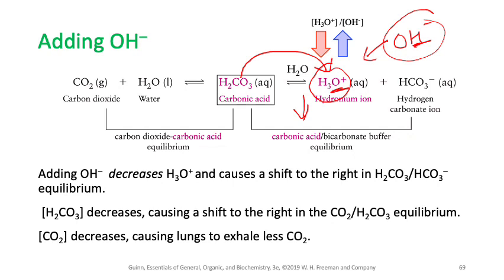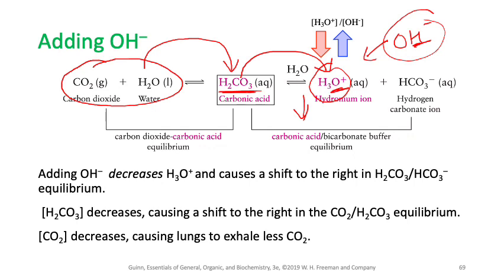Once the reaction moves to the right hand side, the other reaction, carbon dioxide and water to carbonic acid, is also going to move to the right hand side, because most of the carbonic acid is converting into hydronium ion. Then for the first reaction, the reaction will think we don't have enough carbonic acid, so carbon dioxide and water will react more and produce more carbonic acid.